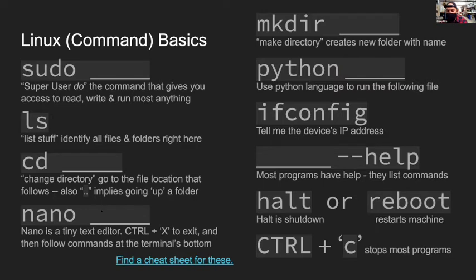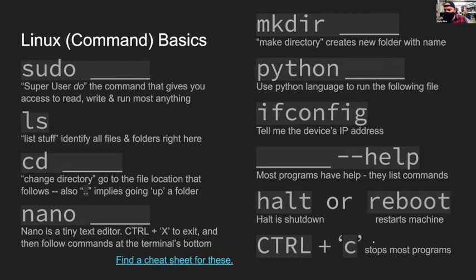Nano opened up that file and let me play around with it. I'm going to open it up again. I'm just giving the Raspberry Pi a second to get started. mkdir makes a new folder. python is for running a Python program. ifconfig is helpful to see the IP address of a particular Raspberry Pi. Most things have help, and then Control-C is good if you get stuck. You can stop most programs.